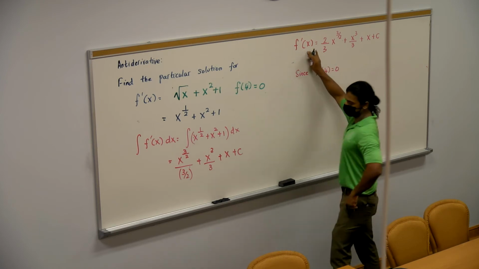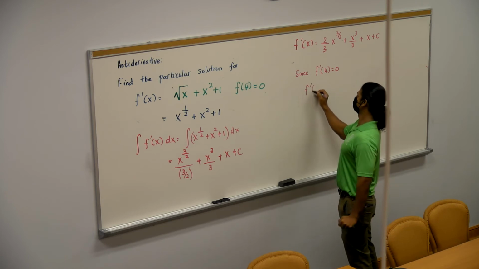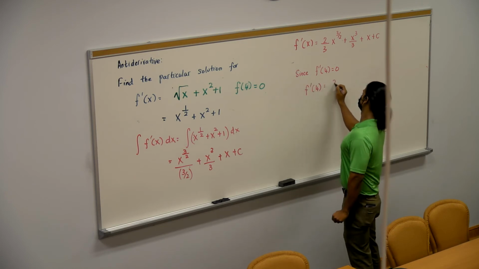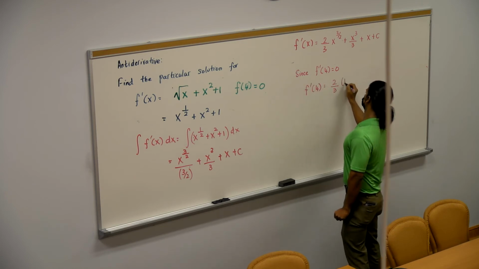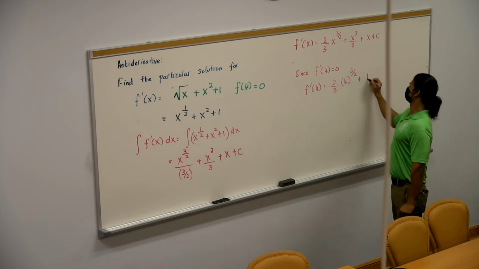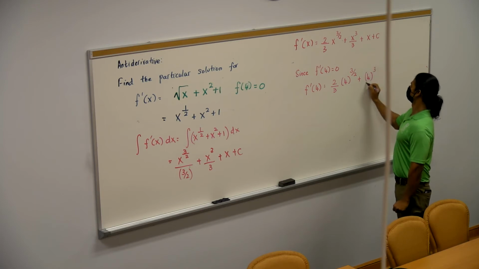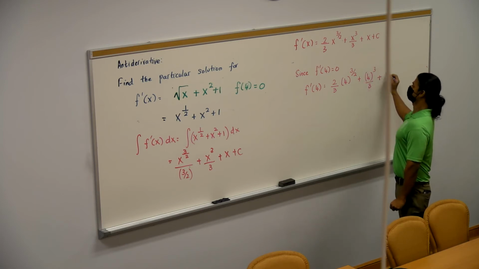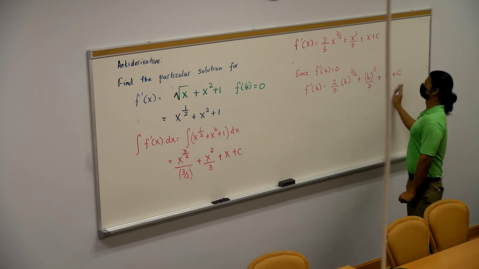If I plug in 4, f prime of 4 would equal 2/3 times 4 raised to 3/2, plus 4 cubed over 3, plus 4, plus c.